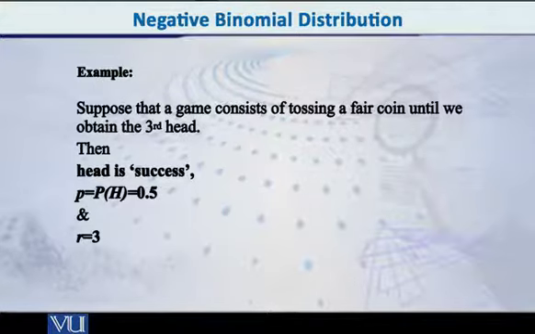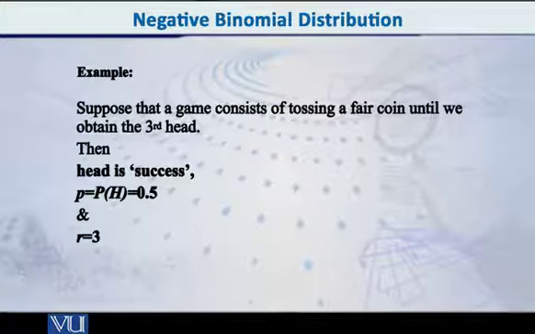Suppose that a game consists of tossing a fair coin until we obtain the third head. अब ये जो मैंने कहा, इसमें आप डिफाइन कर लें. जिस चीज़ में हम इंटरेस्टेड हैं उसको हम सक्सेस कह देंगे. सो हेड इज सक्सेस. और चूंकि ये फेयर कॉइन है, therefore the probability of getting a head, or the probability of success, is equal to 1 by 2, or in other words 0.5. तो इसी को हम स्मॉल p कहते हैं.